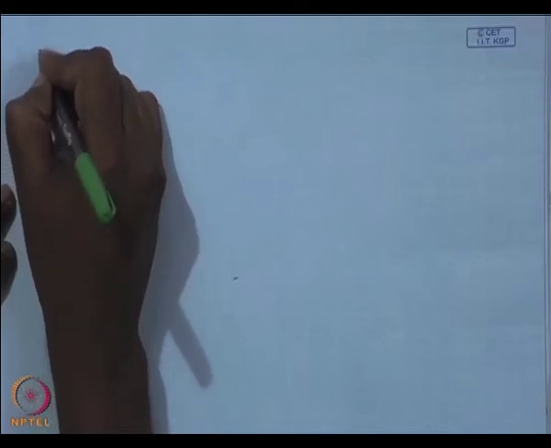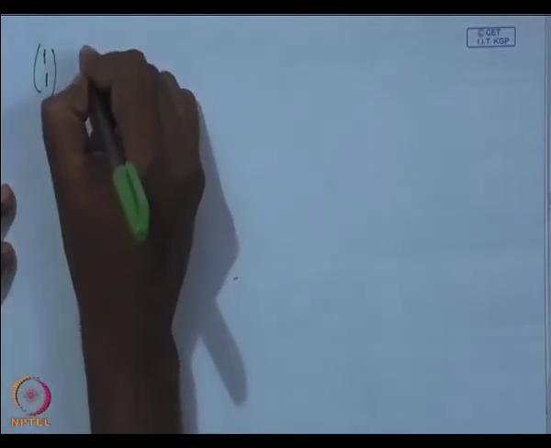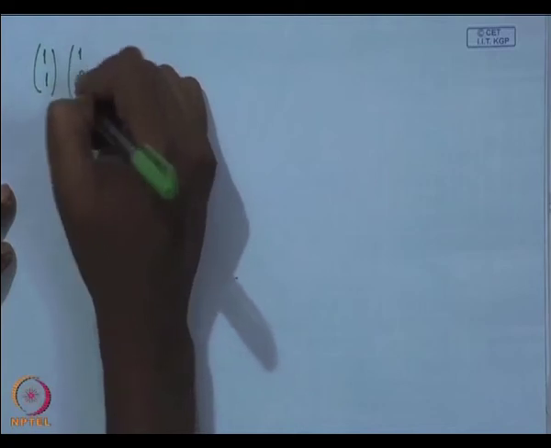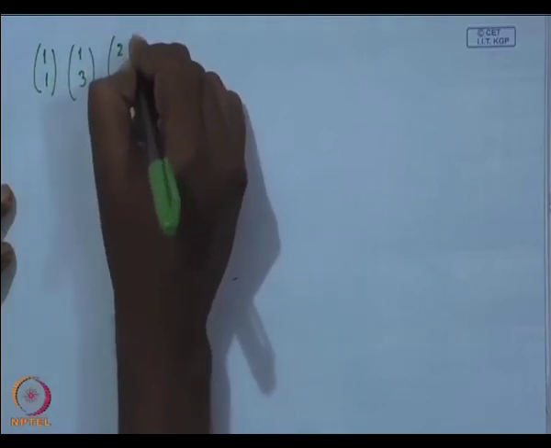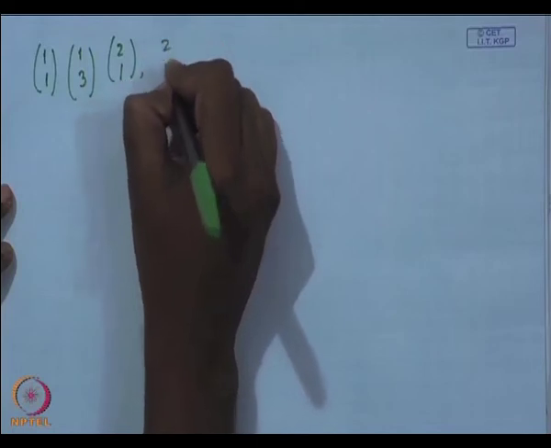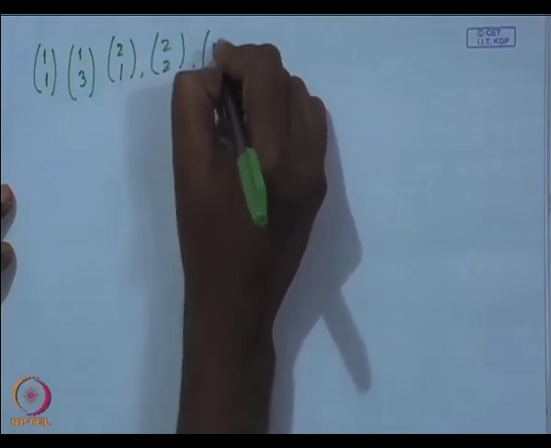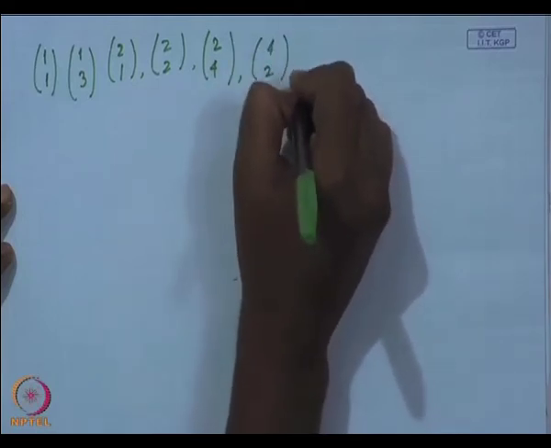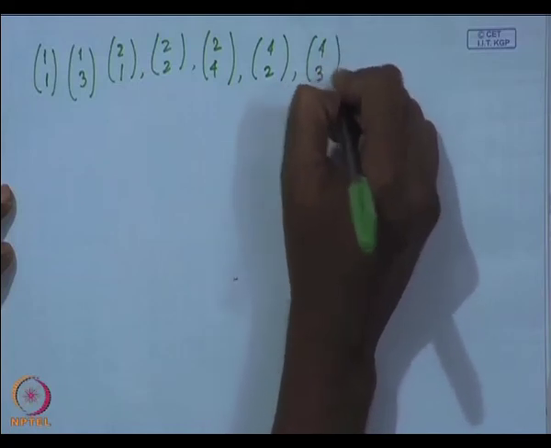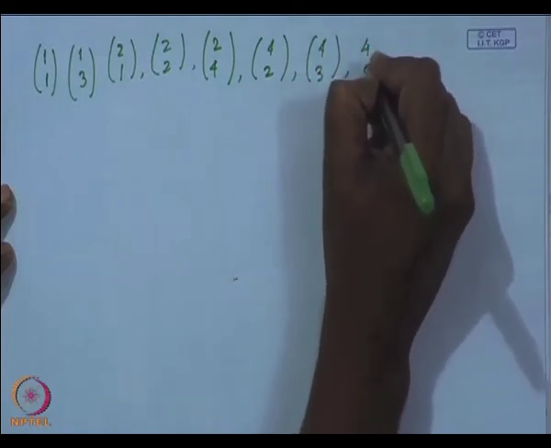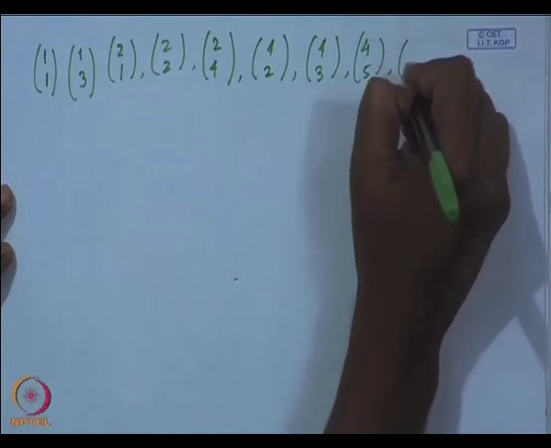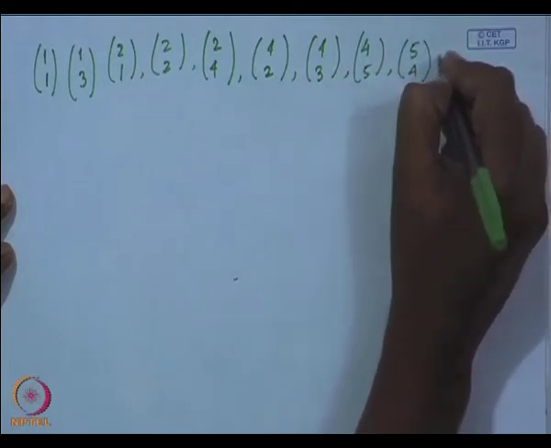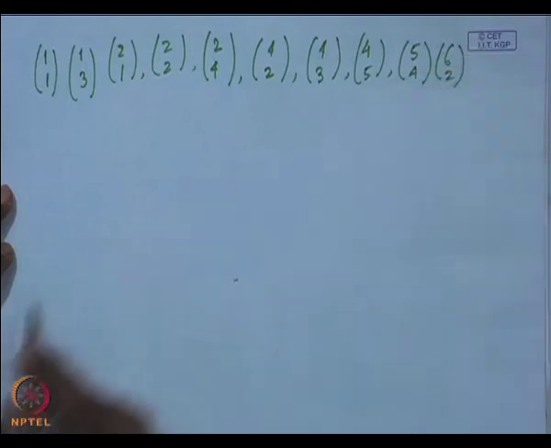Let us assume that we have a set of feature vectors, all in two dimensions: (1,1), (1,3), (2,1), (2,2), (2,4), (4,2), (4,3), (4,5), (5,4), and (6,2).